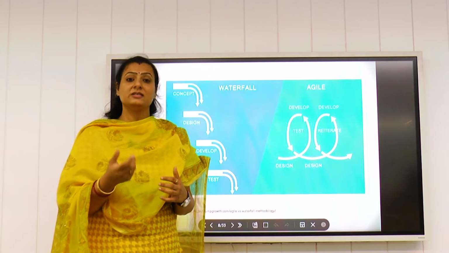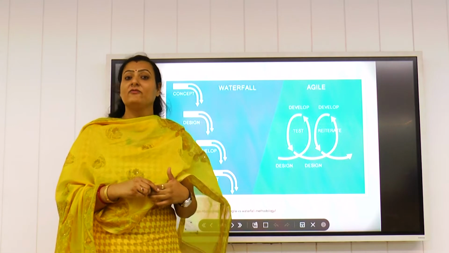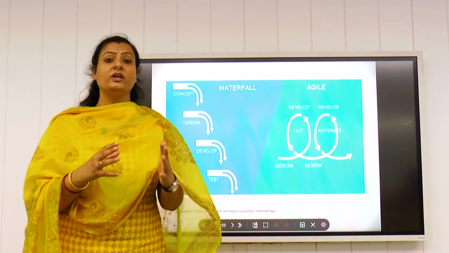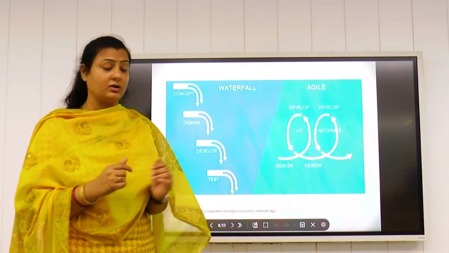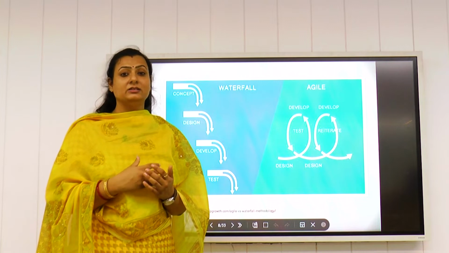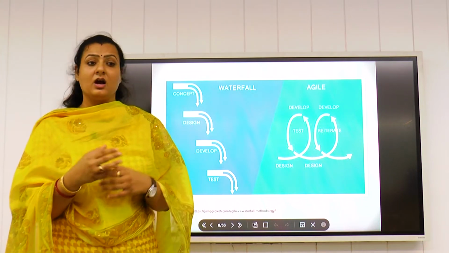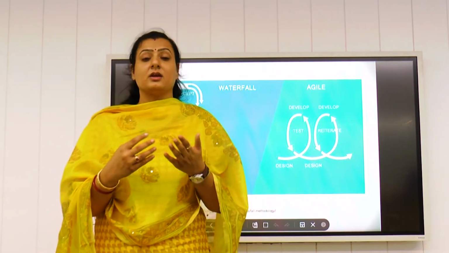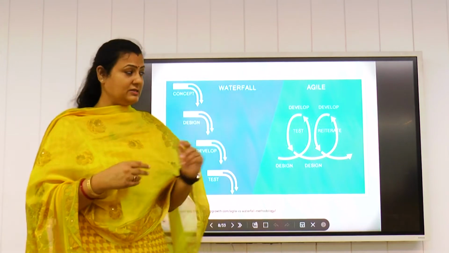Then the development phase includes the coding, all the implementation part of that particular product. Then the testing phase, when we test these products with different kinds of testing. It can be unit testing, integration testing, functionality testing, or user acceptance testing.